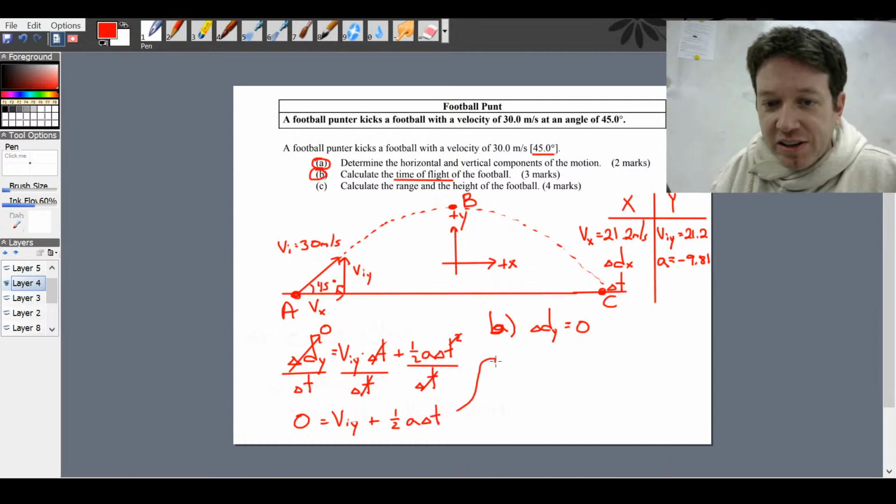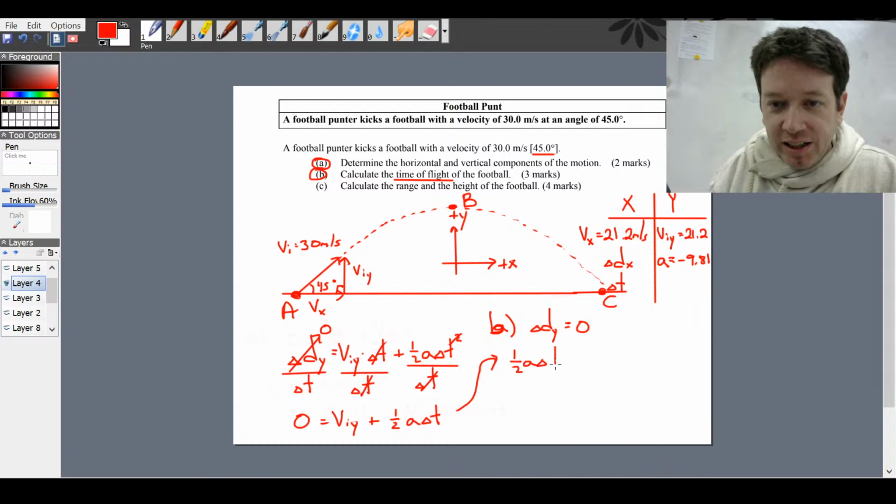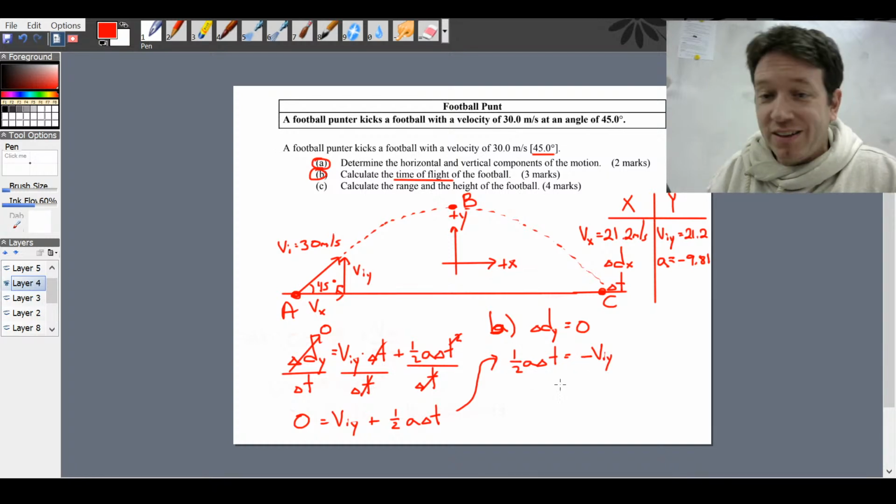All right, so let's bring 1 over, and we'll make it negative. So we have 1/2 A delta t is equal to negative VIY. Then we can multiply by 2 and divide by A to get time equals minus 2 VIY divided by A.